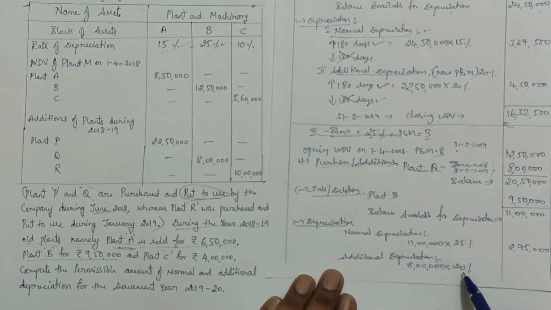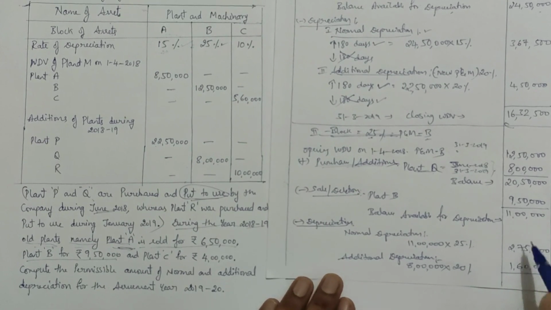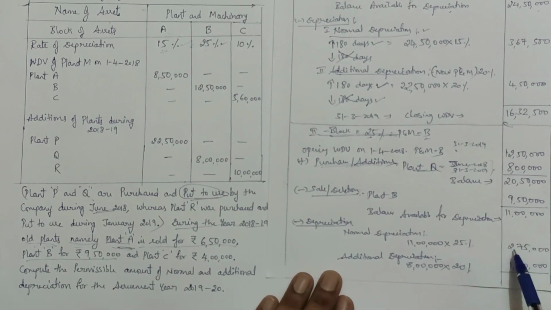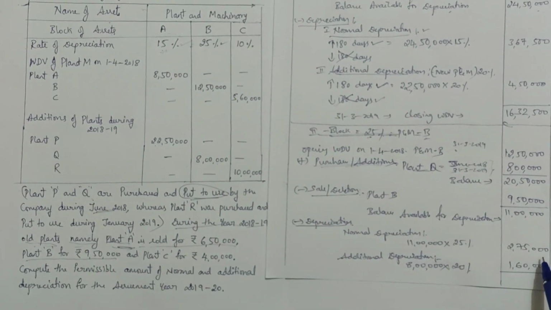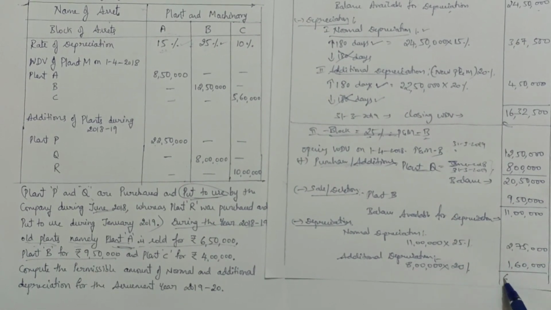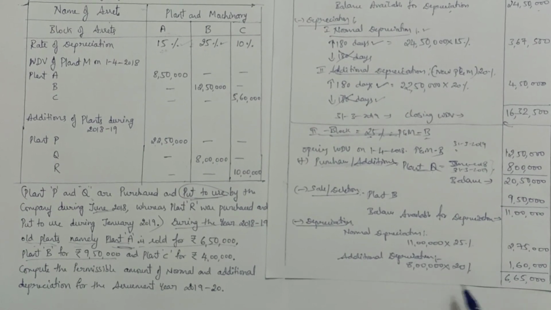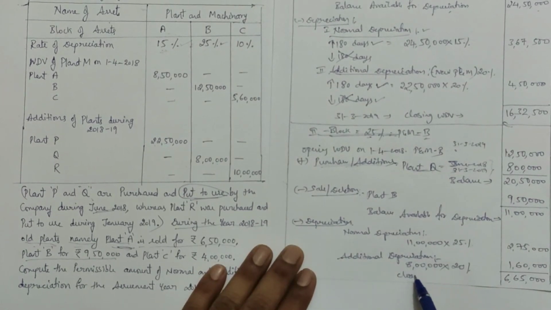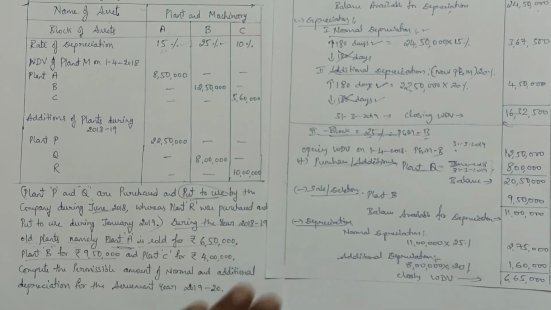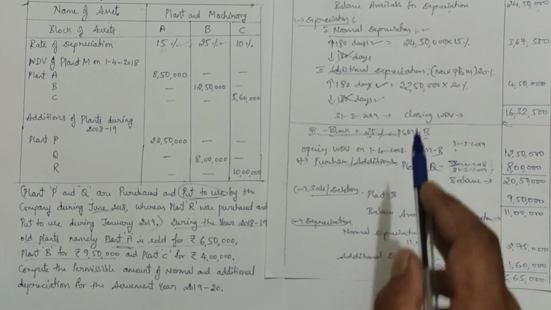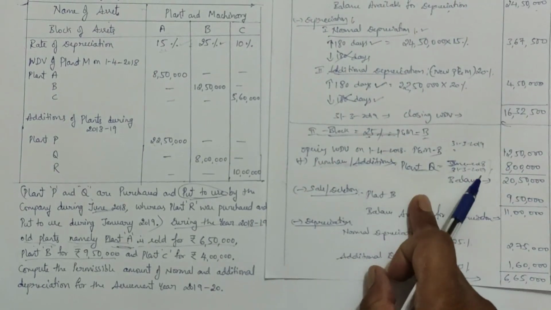So 8 lakh into 20%, we will get 1,60,000. So deduct that value: 11 lakh minus 2,75,000 minus 1,60,000. We will get 6,65,000. This is the closing written down value.